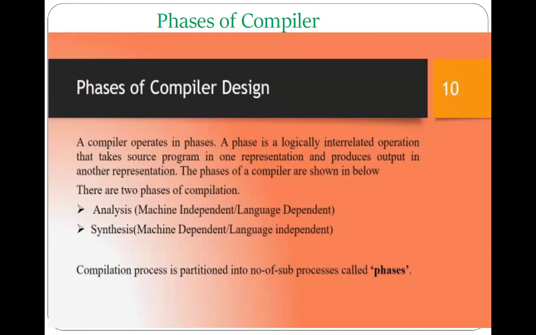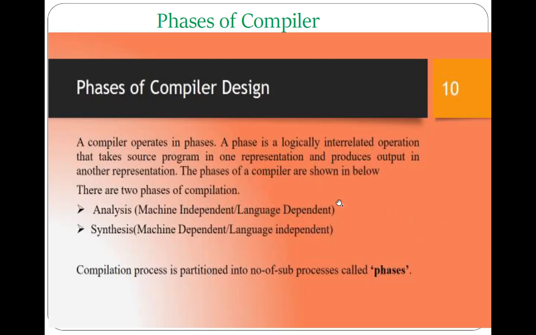Initially the compiler takes your source program as an input, and then according to the different phases, for example, the first phase takes the source program as an input and produces the tokens. Likewise, each phase of the compiler has a particular role, and the first two phases we have already discussed.